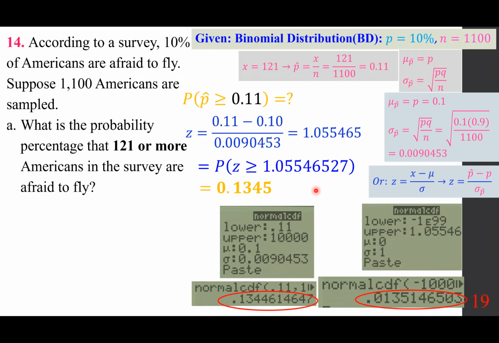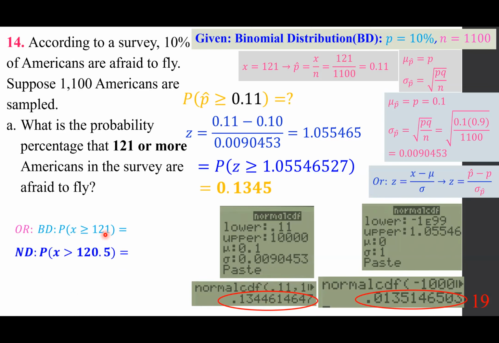For example, with the fourth decimal, 4 changes to 5. You can also go with X being larger than or equal to 121. And this is binomial distribution. For normal distribution, you go with 120.5. Remember, you either go with 121.5 or 120.5.